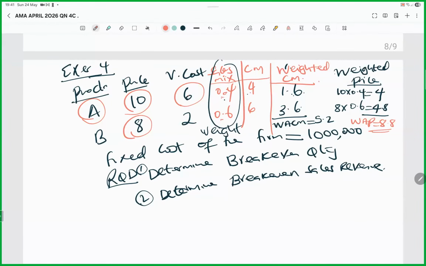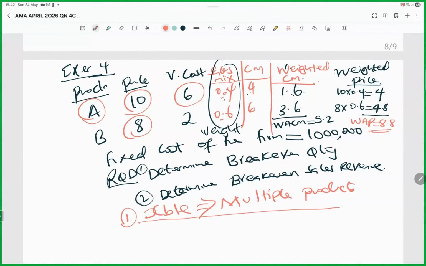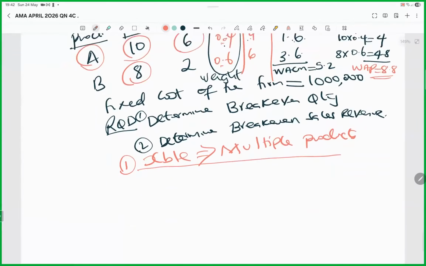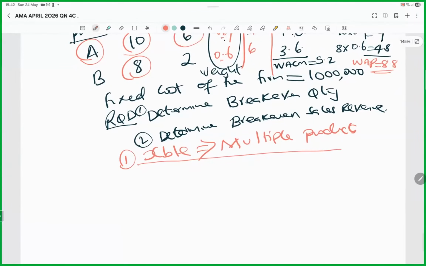Now, please, ladies and gentlemen, we do solution to number 1. Number 1, they want us to give them X break even. But now remember, we have what we call multiple products, 2 of them to be precise. If it is a single product, I would have said X break even is F over CM.